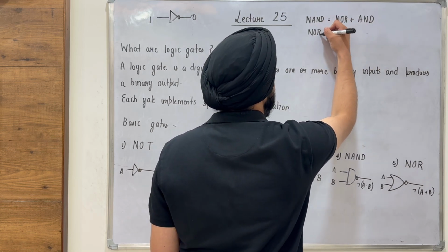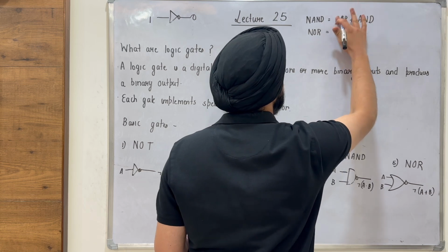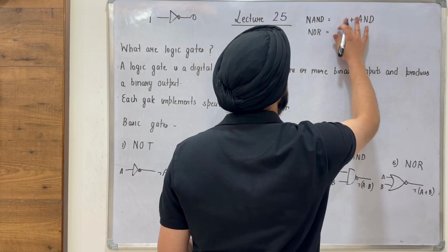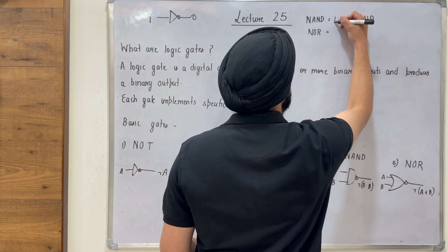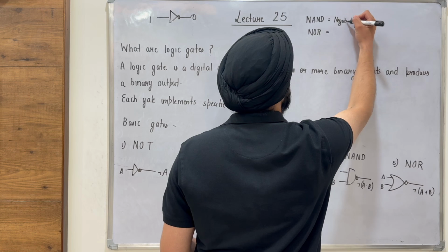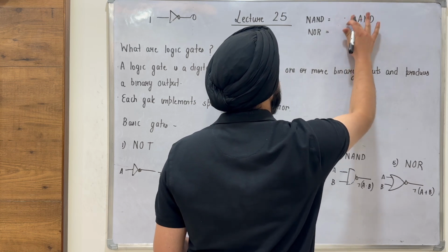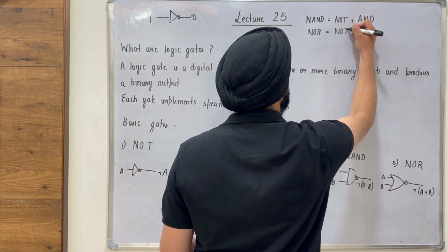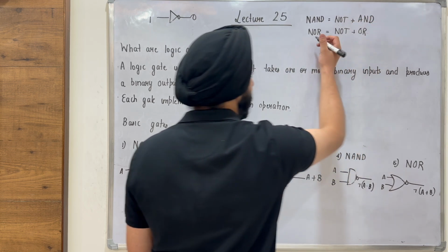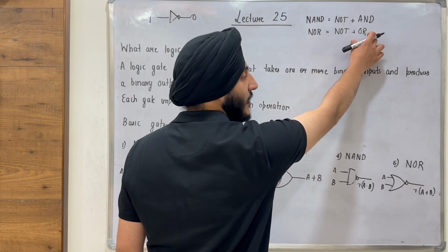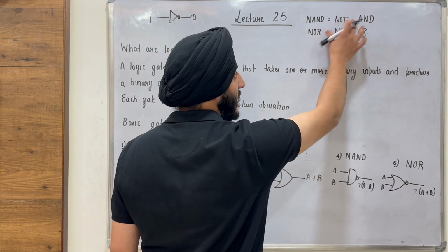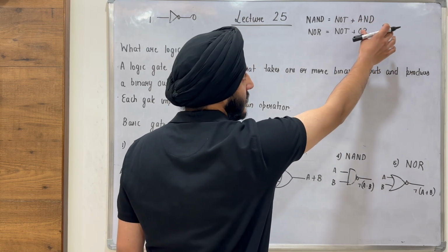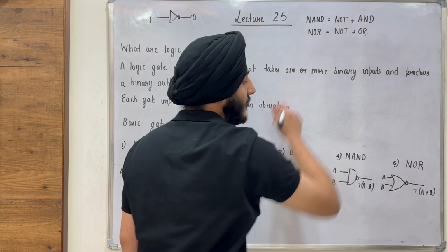NOR is NOT plus OR. In NOR, we do the OR of the variables and take the negation of the entire operation, and in NAND, we take the AND of the variables and take the negation of the entire operation.